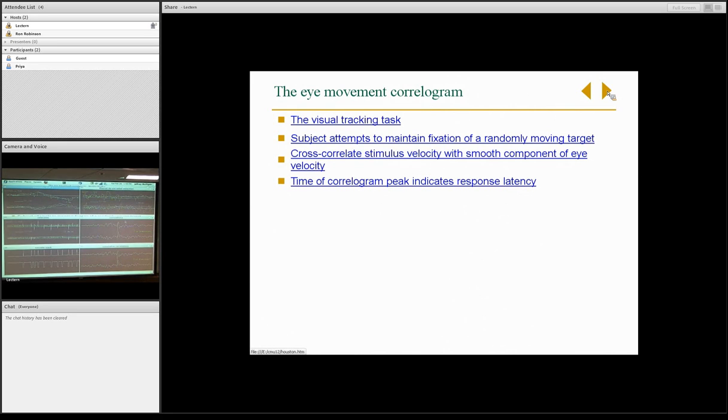This trial was 4 seconds, so this is plus and minus 4 seconds with the green line indicating 0. There's a fair amount of noise, but this positive peak to the right says that after a small delay from 0, if the target moves to the right, a little bit later the eye will move to the right.